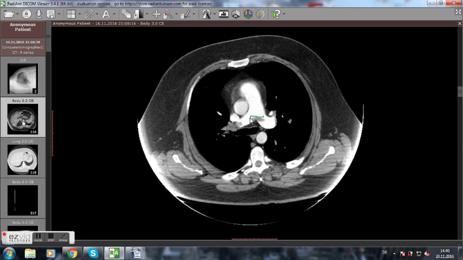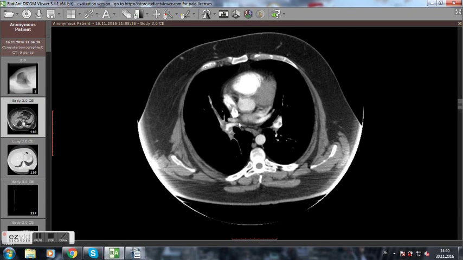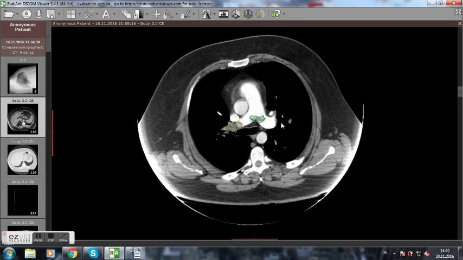So for instance, this one here, also this one here, and there are many more of them. We go forward, we see here is another one, here is another one. So these are all things which normally are not seen on the CT. I will delete these markings.